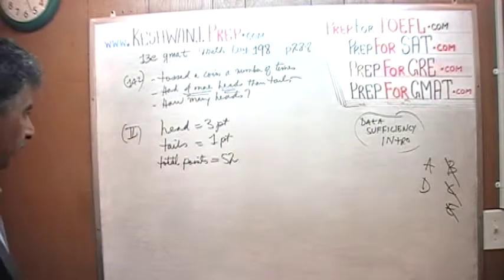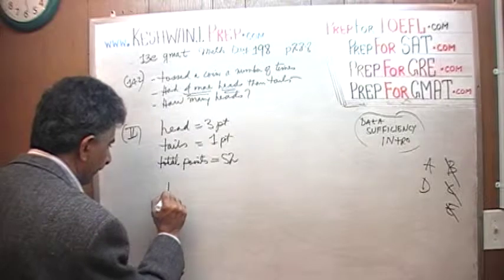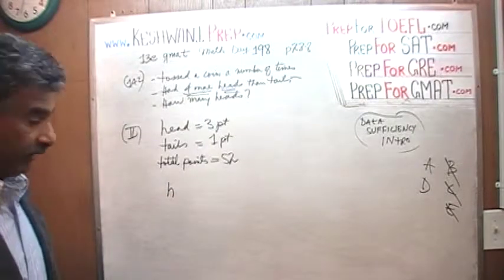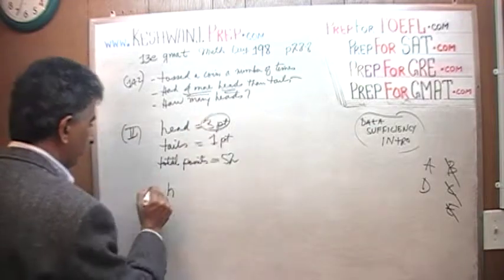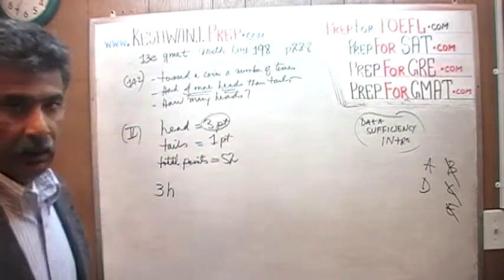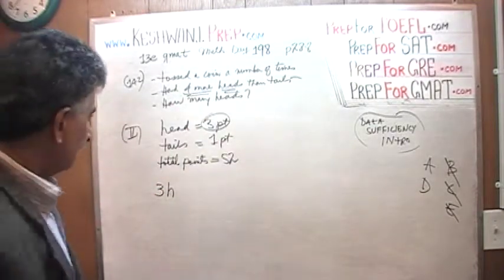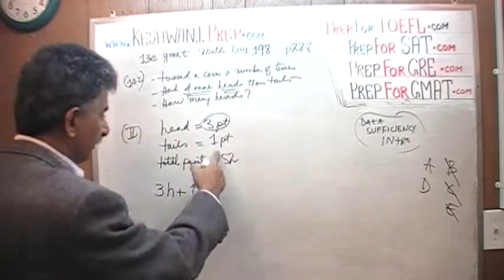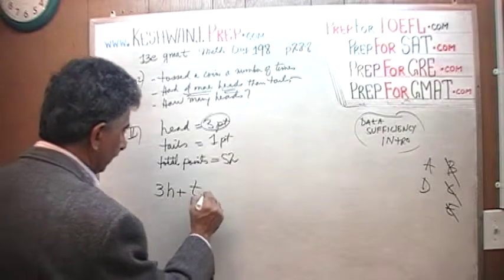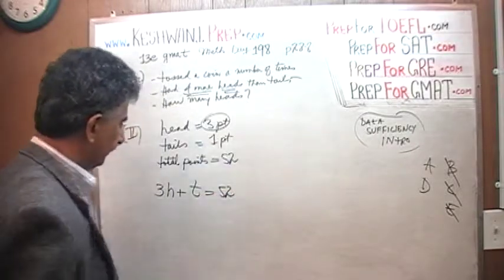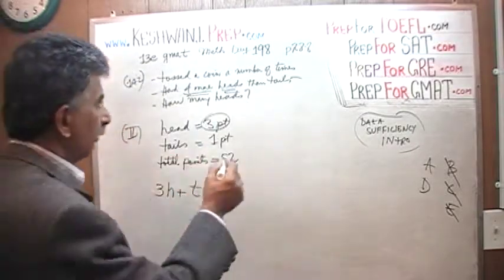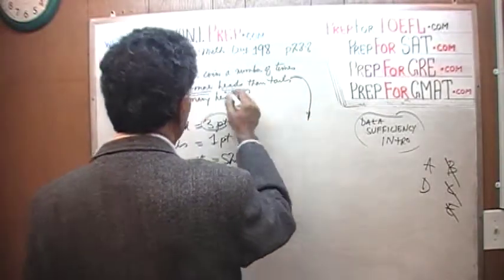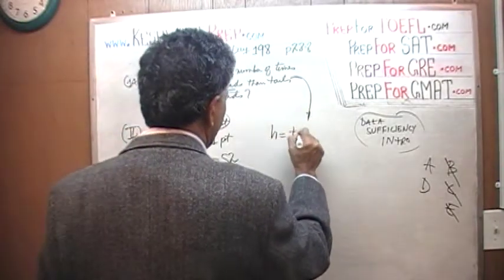If h represents the number of heads, and each is worth 3 points, then 3 times h is how many points the heads were worth, plus t number of tails, each worth 1 point, so just t. This total better be 52. There you go, that's your first equation. And the second equation is the same as before: we had 4 more heads, so h is 4 more than t.